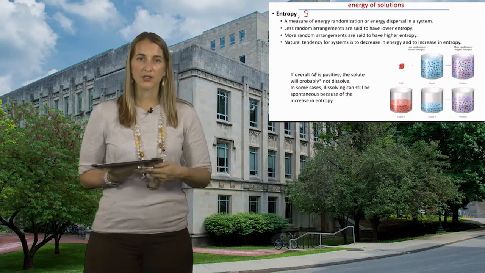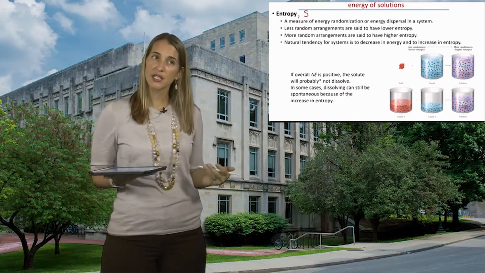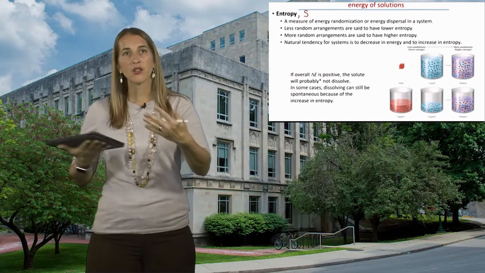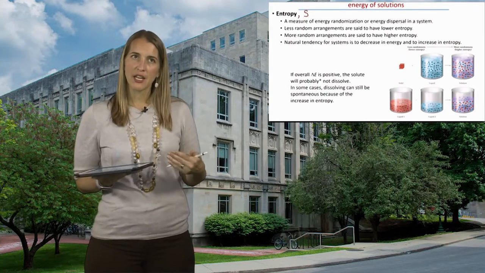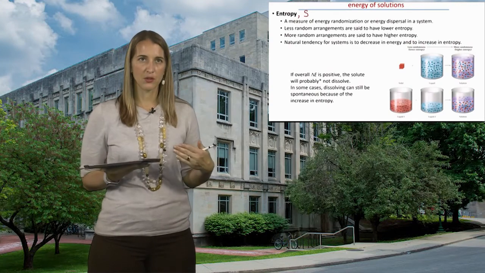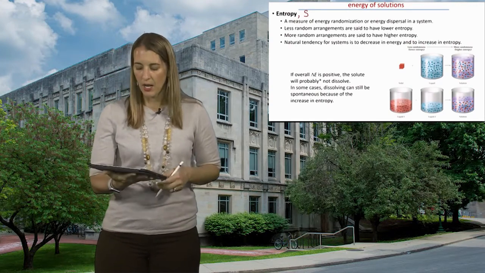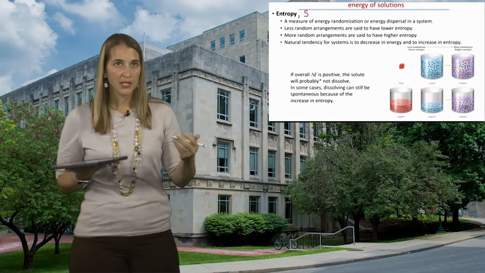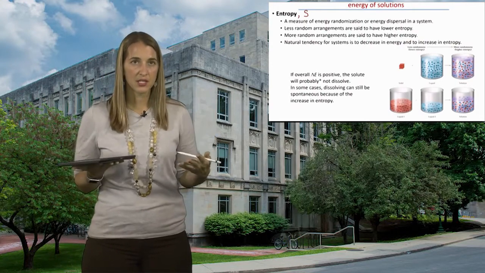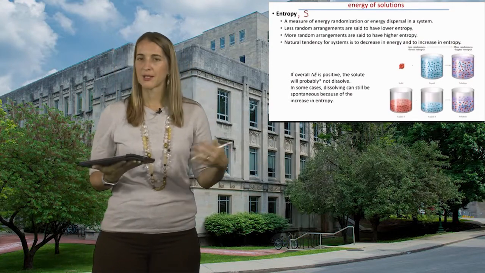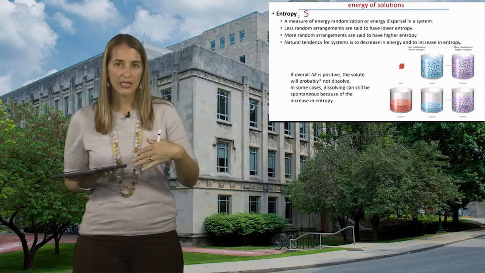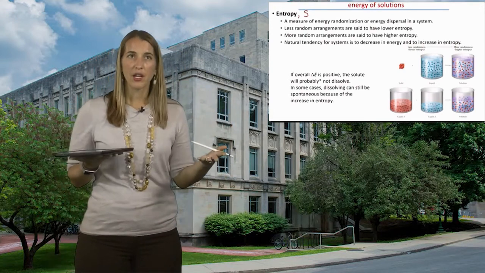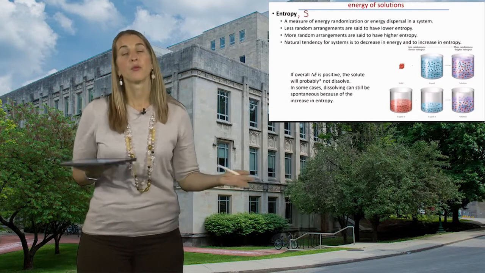So here's the natural tendency. Systems want to decrease in energy and increase in entropy. Now, why is it an increase in entropy when you mix two solutions? All right, so now they are more random, and they're more dispersed. So if you have two liquids, this is the bottom one, or even the top example here with a solid and a liquid, when you have them separate, they have less entropy than once they're mixed together.